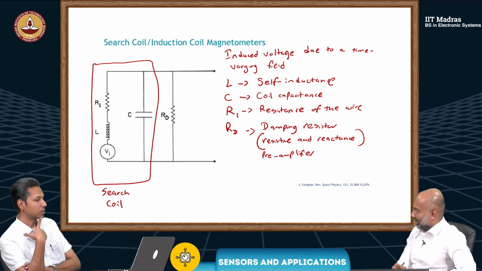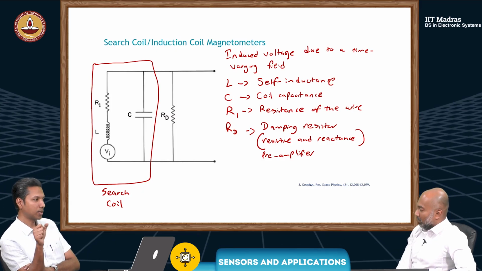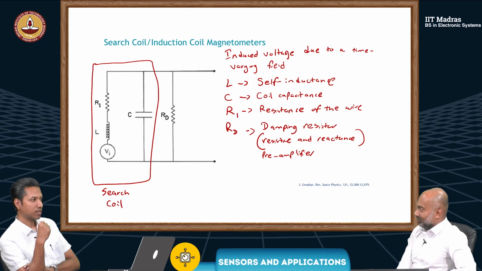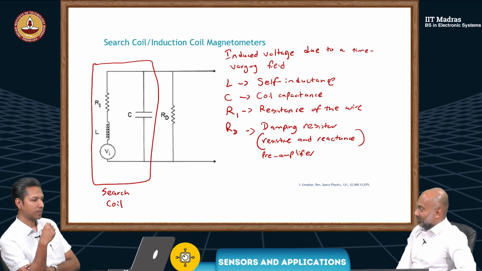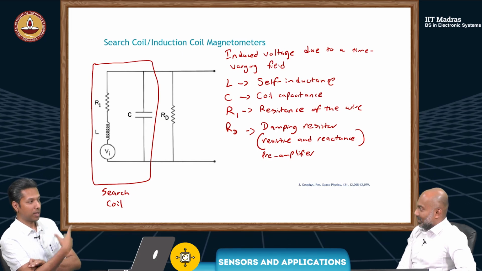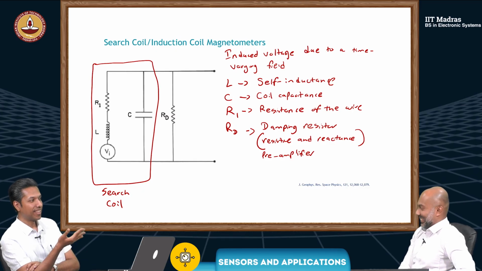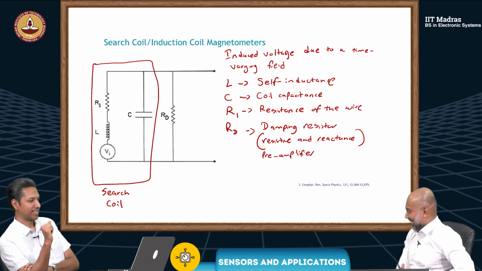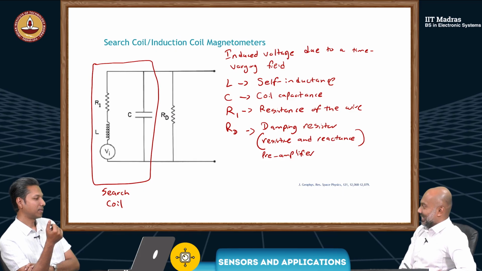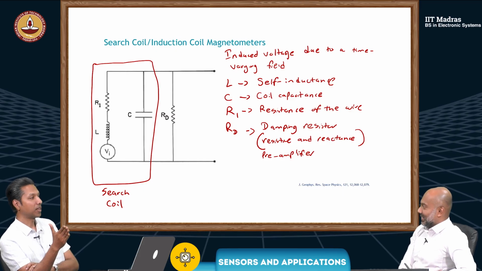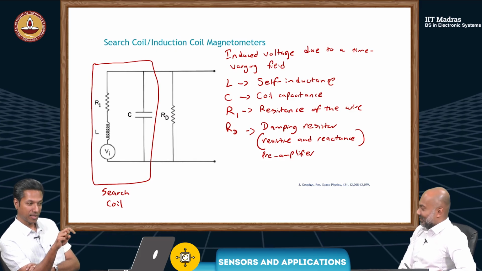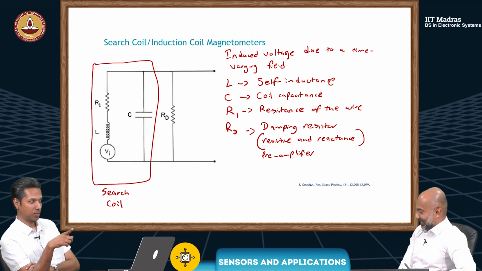Which is why you have something. So if I simply measure the output voltage, I may not get a correct value of BM like you mentioned earlier. Exactly. It's not that simple. Because it depends on the frequency as a function of the circuit elements.